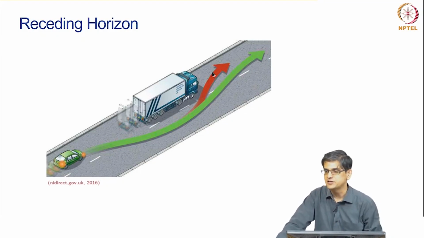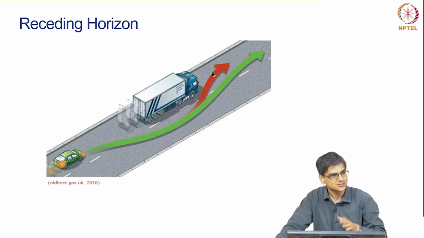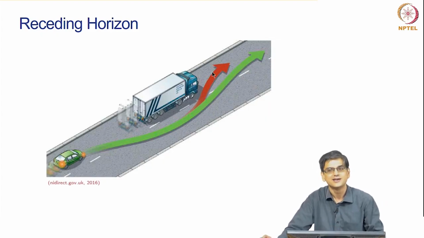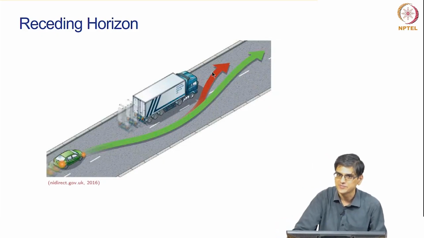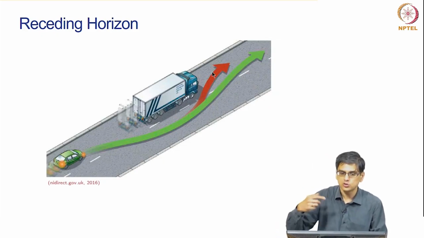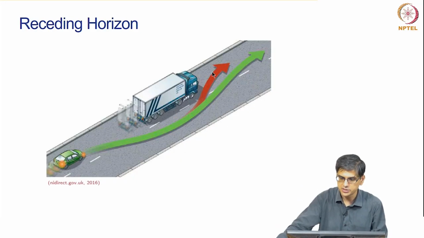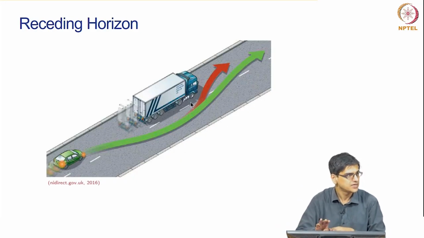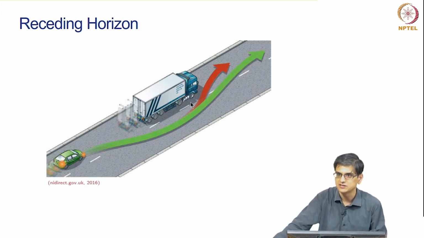You have accelerated your car. Now, let us say that you are actually going downhill. Because you are going downhill, this vehicle has started accelerating. If you do not do feedback, you will take this red trajectory and you might actually collide with this driver. But because there is a feedback correction, you will take this green trajectory.